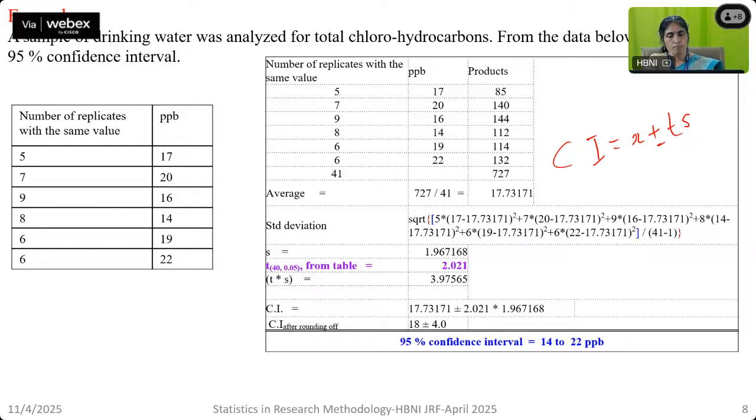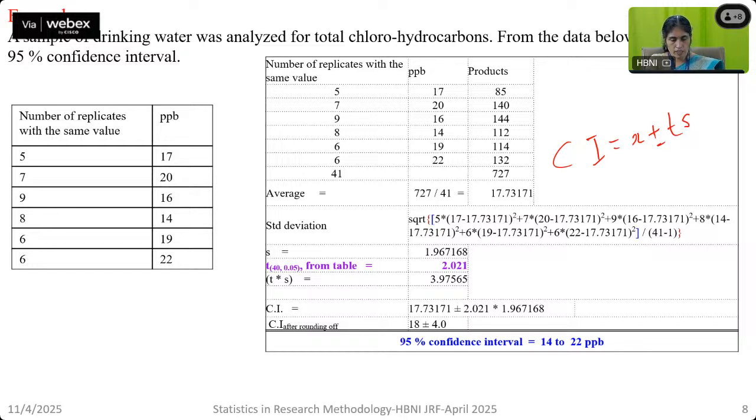As per the significant figure and error propagation rules, we arrive at the confidence interval of the concentration of chlorohydrocarbons in the water sample, after rounding off, as 18 plus or minus 4 ppb.